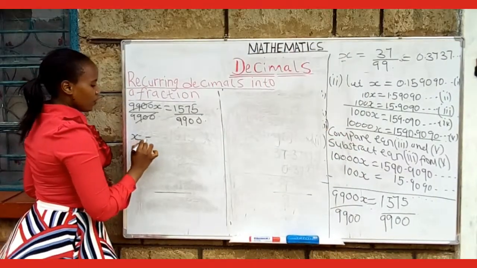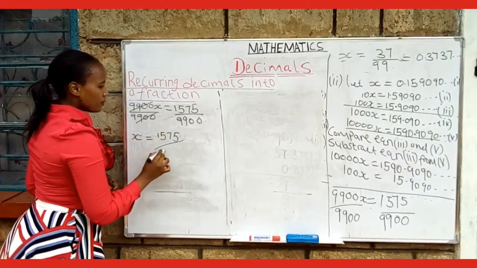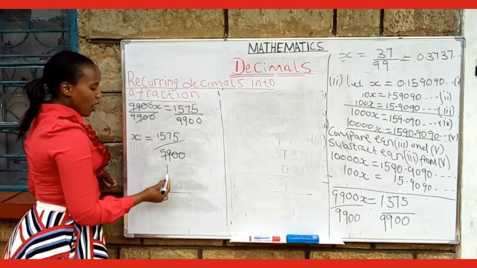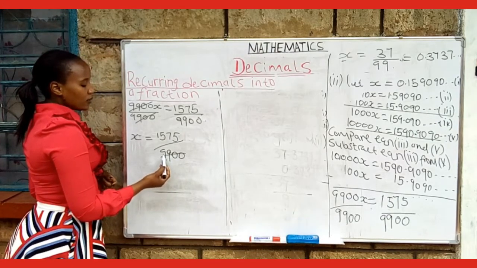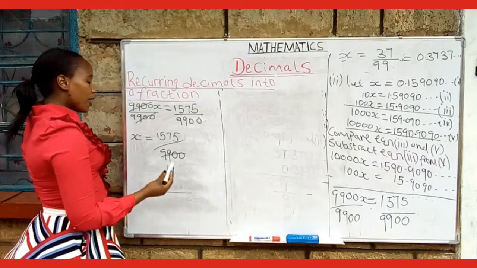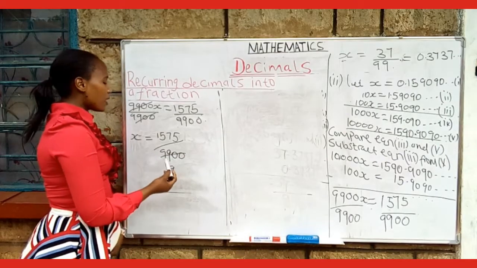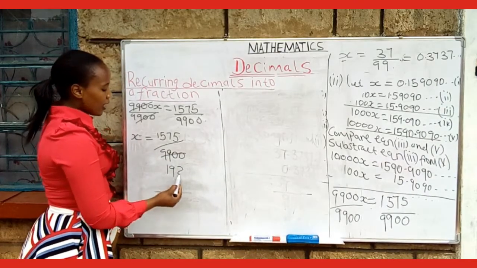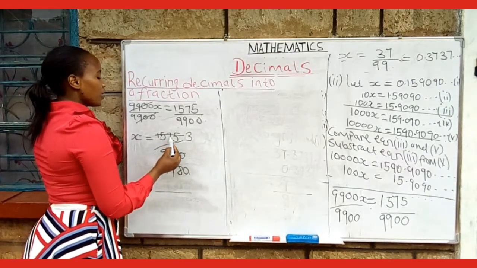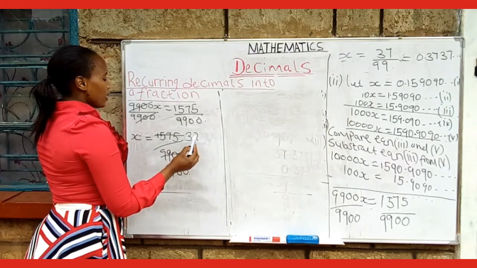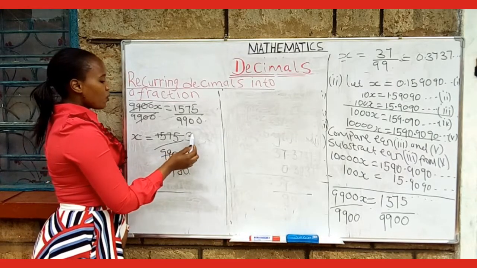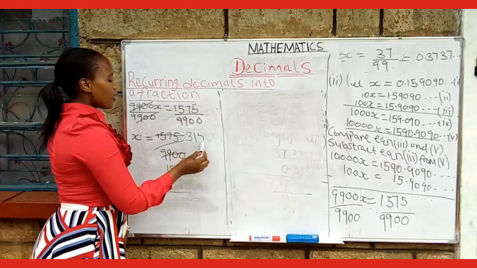We have x is equivalent to 1575 over 9900. Dividing by 5: 1 because of 5 remainder 4, 9 because of 45, 9 because of 45, remainder 4, 8 because of 40, 0. By 5, this is 3 because of 15. This is 2. Okay, this is by 5, sorry for that. 3, 1, and 5 because of 25.